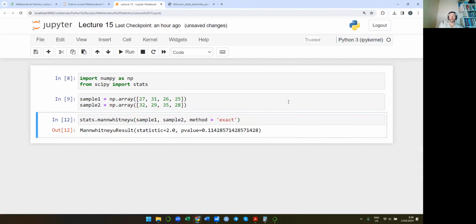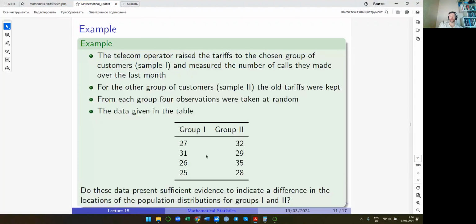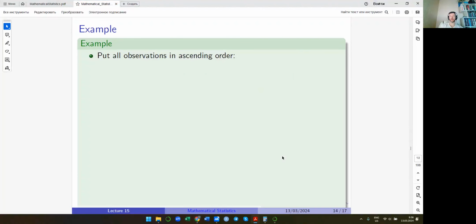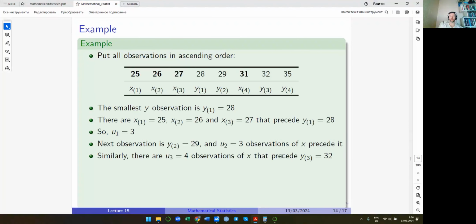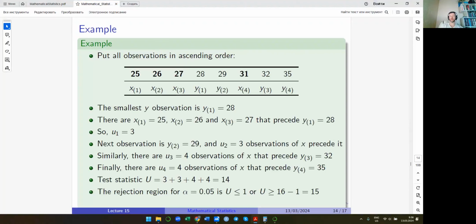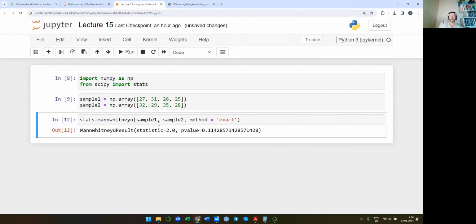And that's all. We run the test and we see that the result consists of two values. There is the statistic, which is 2, and which is not the same as what we computed here, because we computed the U statistic to be 14. So now we will try to understand why the statistic is different. And there is the p-value.